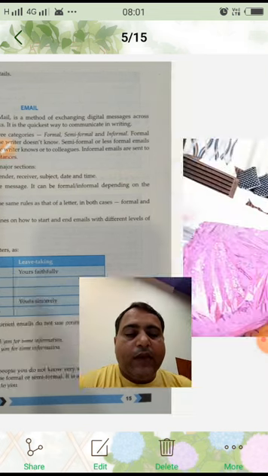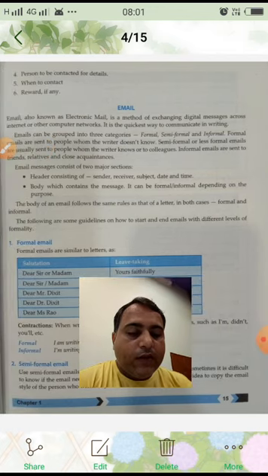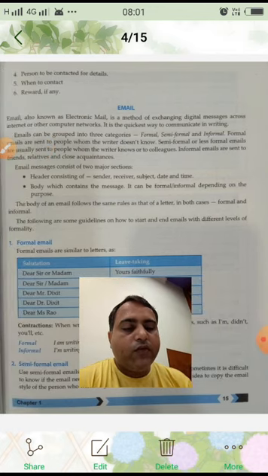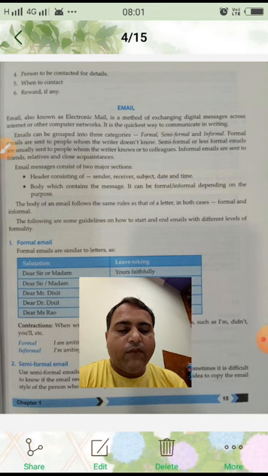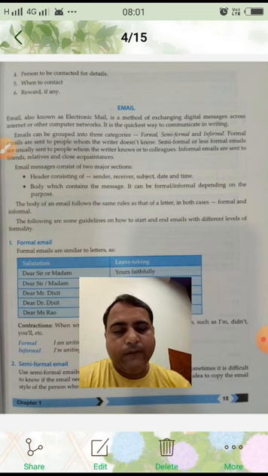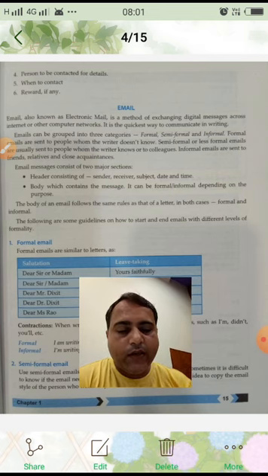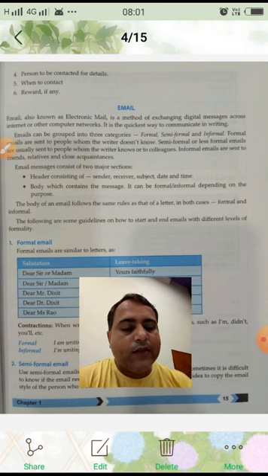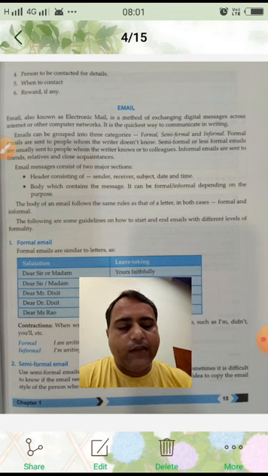Then email messages consist of two major sections. First is the header, consisting of sender, receiver, subject, date and time. Once again I read out: header consisting of sender, receiver, subject, date and time.